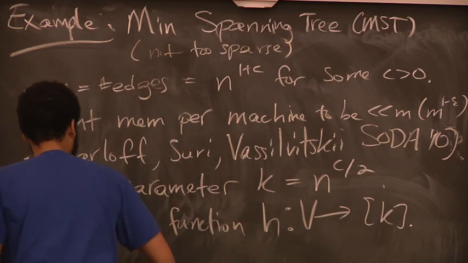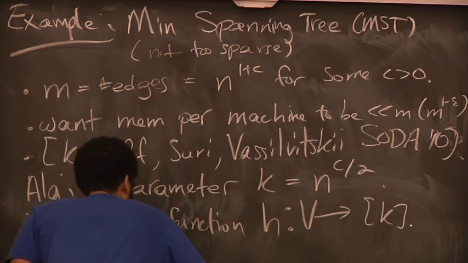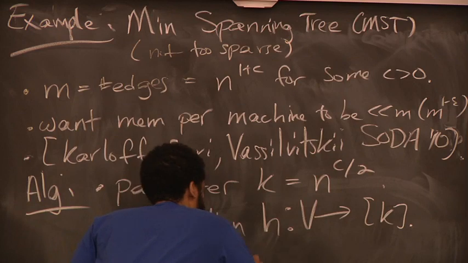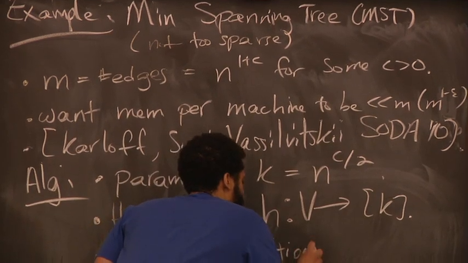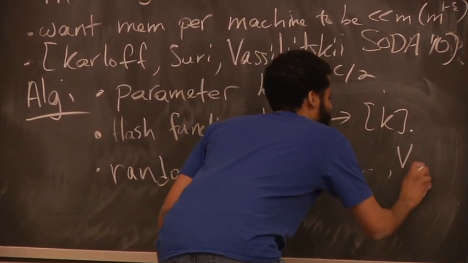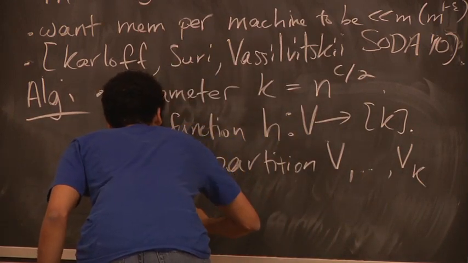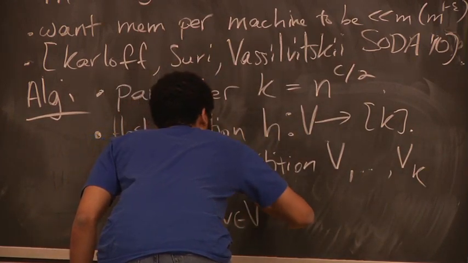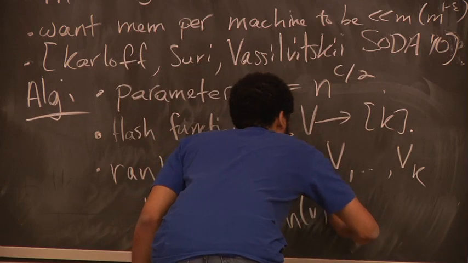So I'm going to have a random partition of the vertices, v1 up to vk, where vj is what you expect: the set of all vertices v such that h of v is equal to j.